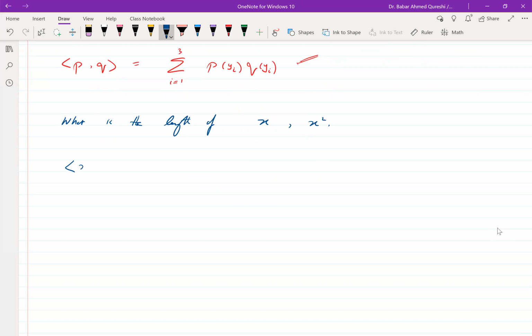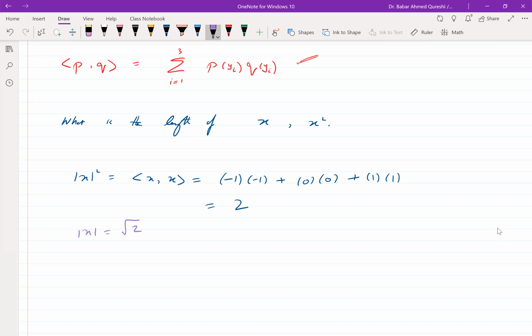So x length square is x scalar product with x, which is simply -1 times -1 plus 0 times 0 plus 1 times 1. So it's 2. And I can write the length as under root 2.